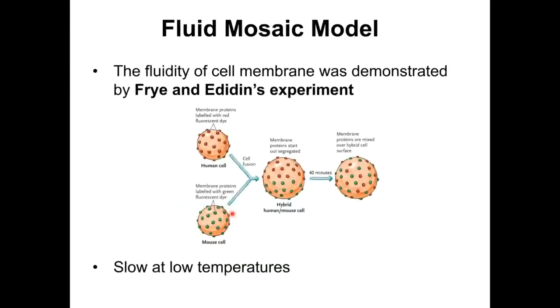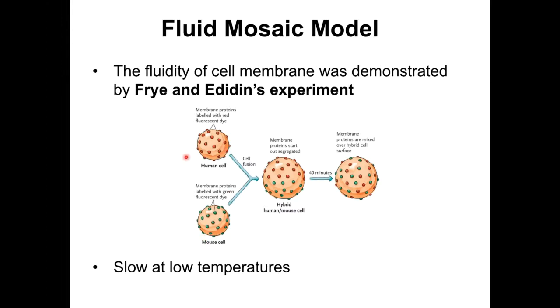How can you visualize this fluidity of the cell membrane? Well, you can do an experiment like the one originally done by Frye and Edidin that demonstrated the fluidity of the cells, where you take two cell types. In this case, this is a human cell and this is a mouse cell, and you can label the proteins in the membrane with different colors.